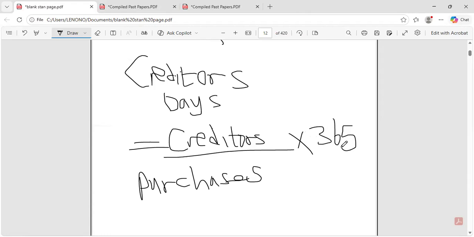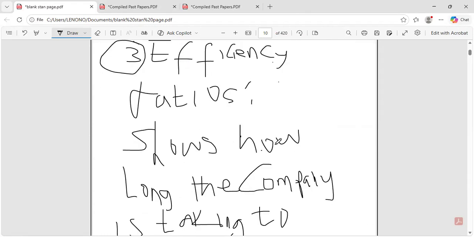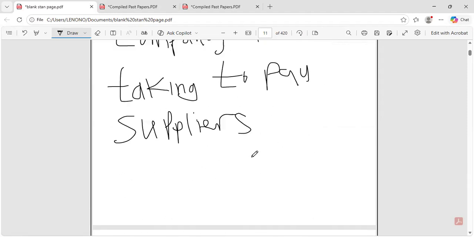So creditors over purchases times 365. These are the two ratios under efficiency: how long you take to collect money from your customers, and how long you take to pay suppliers.